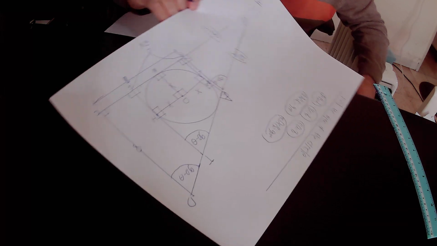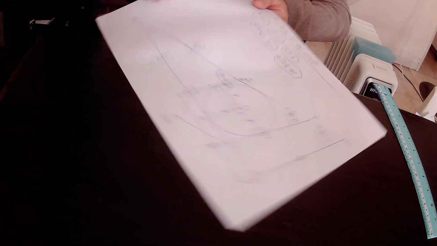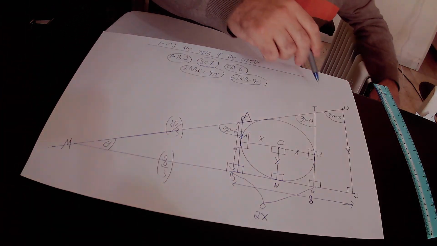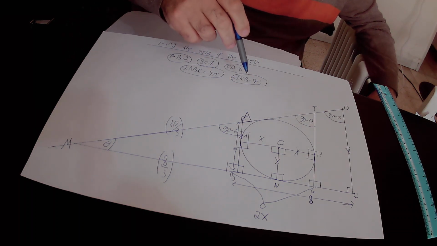So, in the next step, we'll prove that the big right triangle TGM is similar to the small right triangle ABM.